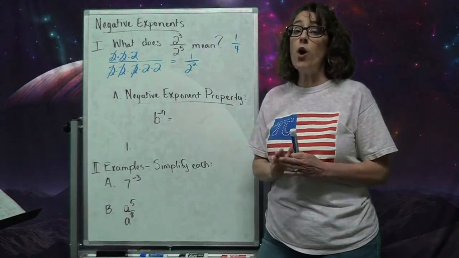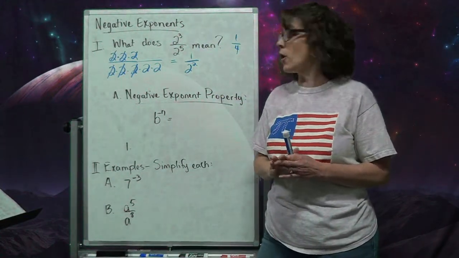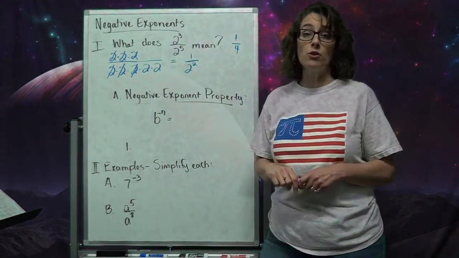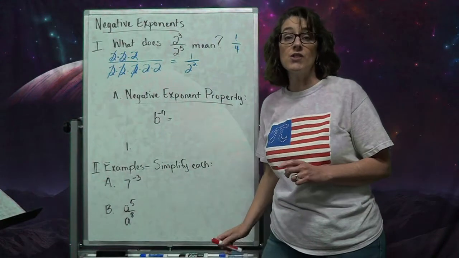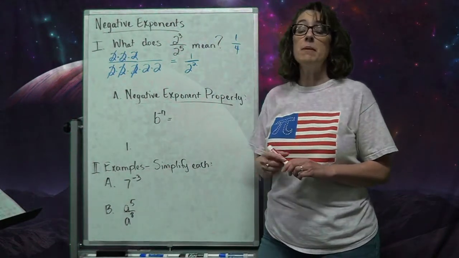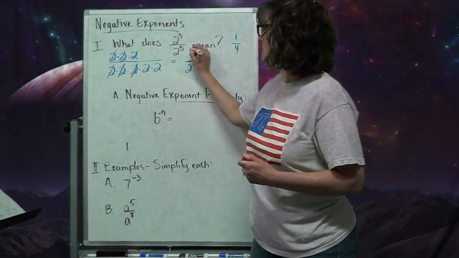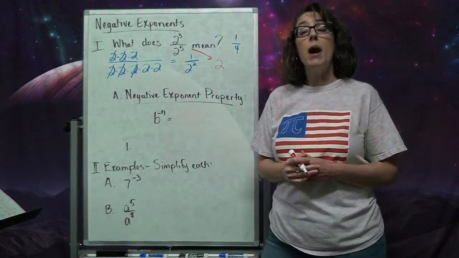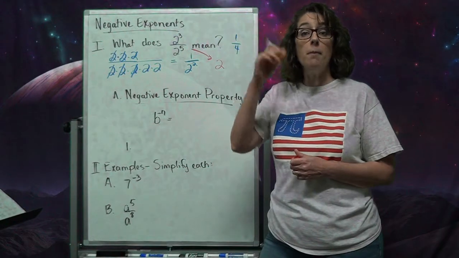Now, recall, we also looked at our quotient property, our quotient rule, that said if we take a 2 to the 3rd and divide it by 2 to the 5th, when those bases are the same and we're dividing, then that means that we can keep the base because it's all about the base. We can keep that base of 2 and we can subtract those exponents, top minus bottom.